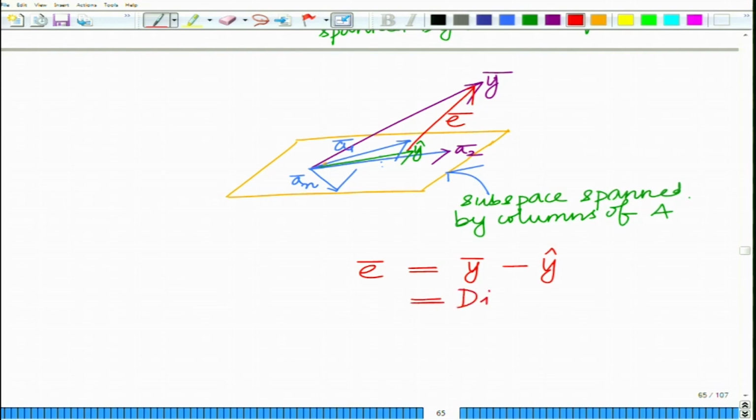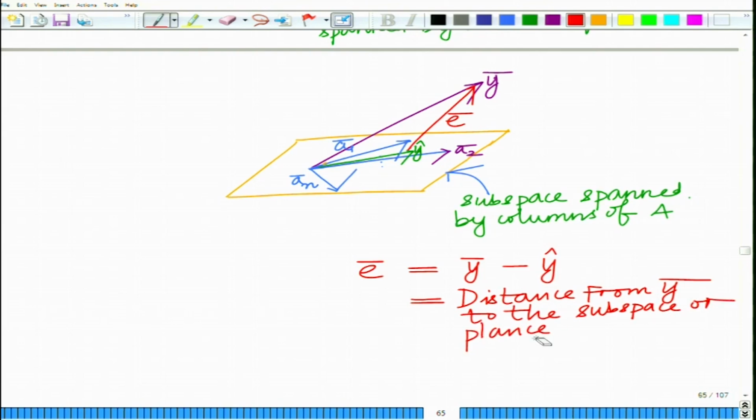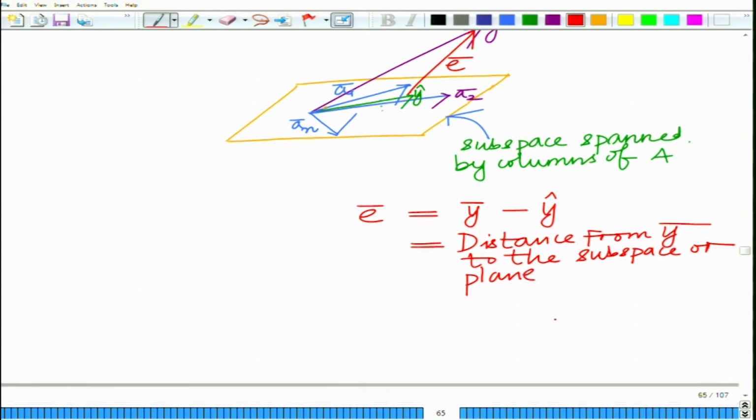This is the distance from y bar to the subspace, or you can say the plane, let us make it simple, plane containing a1 bar, a2 bar up to an bar.